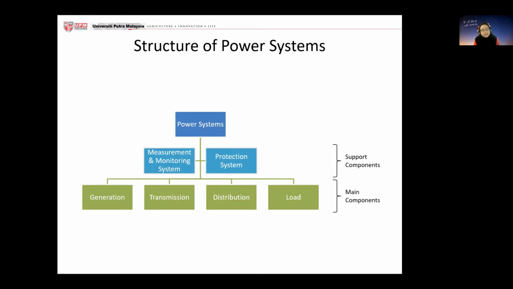You have your protection system, but the main components are actually generation, transmission, distribution, and the load. Okay, and load here refers to the users, the customers, you and me, that is individual. You have your residential, you have commercial users, you have industrial users, and the list goes on and on. But basically, this is how it is structured.